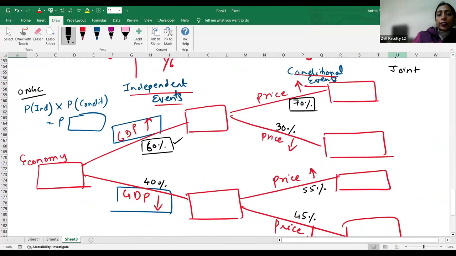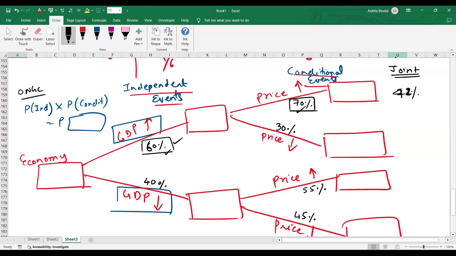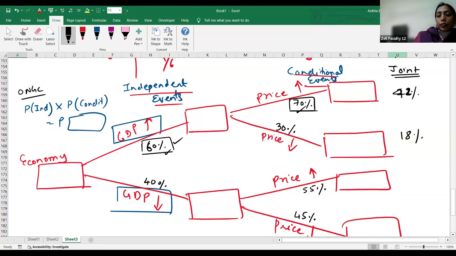Can you tell me 60% into 70% would be how much for joint probability? 42%. Yes. Then 60 into 30? 18. Then 55 into 40? 22.